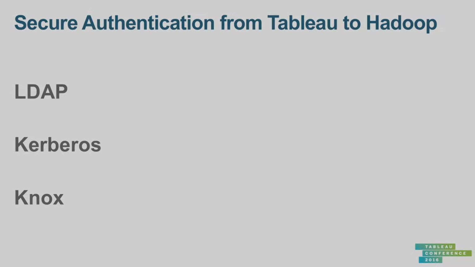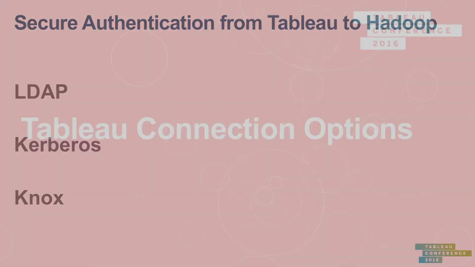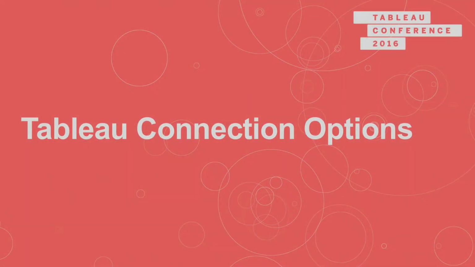They have adopted an Apache component called Knox, which is a gateway to the cluster, and that hides the complexity of Kerberos, as does LDAP. So you don't have to worry about installing or setting up Kerberos on Tableau or your desktops or Tableau Server to be able to use LDAP or Knox. So I'll go through what the experience of connecting through Knox looks like and what it means for you.